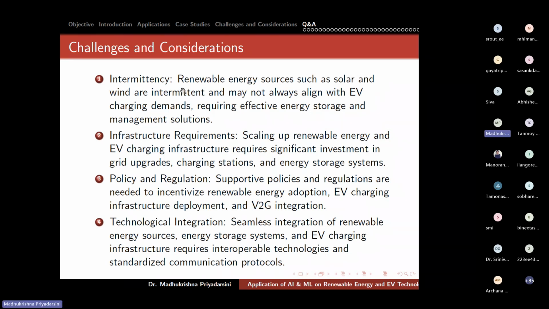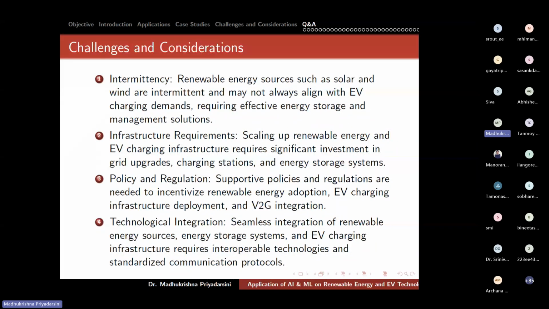That is the intermittency. So what is intermittency? The solar and the wind power are both available, but the timing of availability is a crucial point, which is intermittent. According to the available timings only, we can go for EV charging.